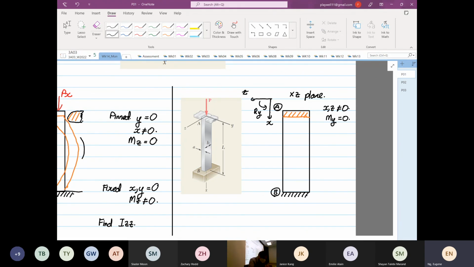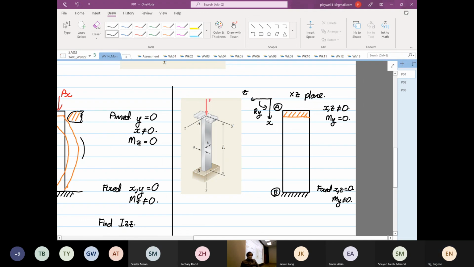So we understand that point B is still the same. At point B it is still fixed. X and Z are equal to 0. Moment about Y is not equal to 0. It's restricting.